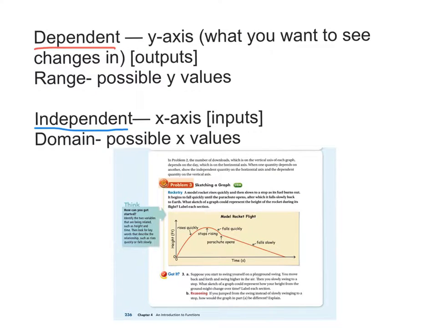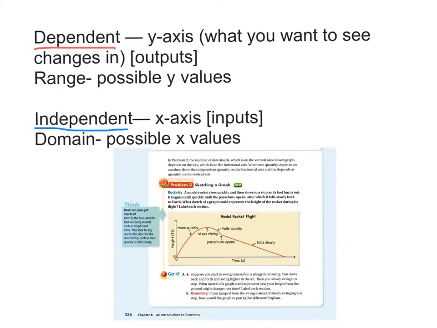So a little bit of vocabulary here before we get going with the next part. Dependent variables and independent variables we'll talk about. So dependent is on the y-axis, and when we're deciding on making our own graph, on the y-axis we're going to put what we want to see changes in.